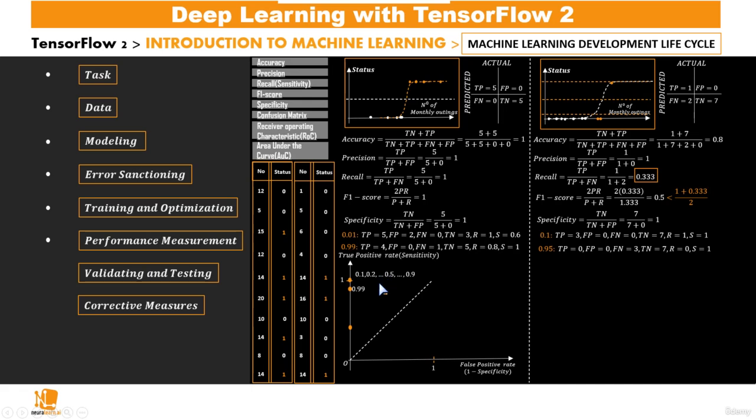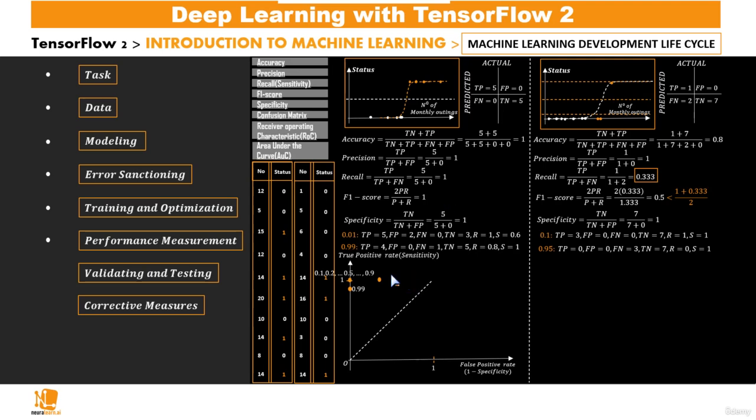Now we could move to the next. Suppose we are working with 0.99, so our threshold now is 0.99. At 0.99, as we had seen, our recall was 0.8, so that's why we have 0.8 here, and our specificity is 1, so 1 minus specificity is 0, so that's why we are at this point.